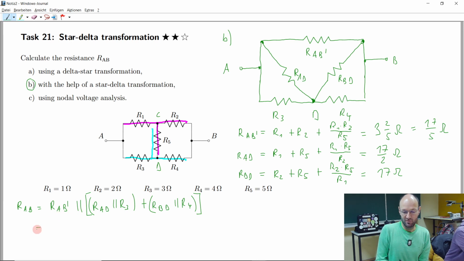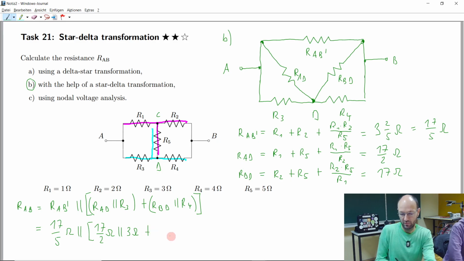Okay, so the next step is we just insert the values. So here we have 17 over 5 ohm. And this is in parallel to RAD is 17. Yeah, I will just rewrite it and then we will calculate it in Octave. So parallel to 3 ohm. Plus, and RBD is 17 ohm parallel to 4 ohm.